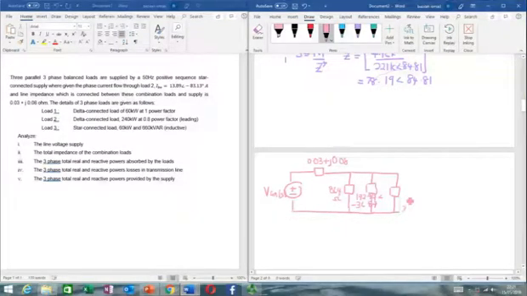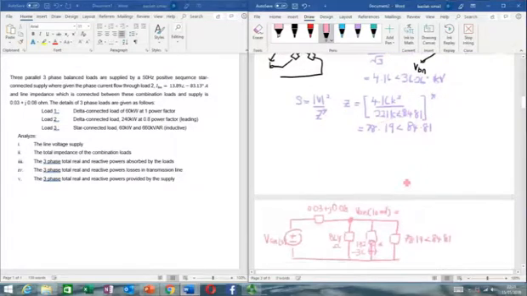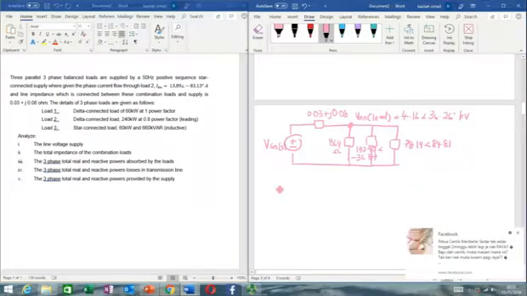And then load 3 is 78.19 angle 84.81. We know that the voltage at this node, which is the voltage for the parallel load, VAN load, is equal to this value, 4.16 angle 36.26 kV.